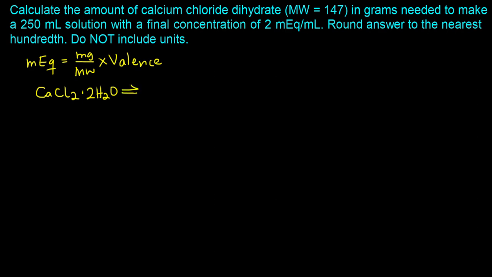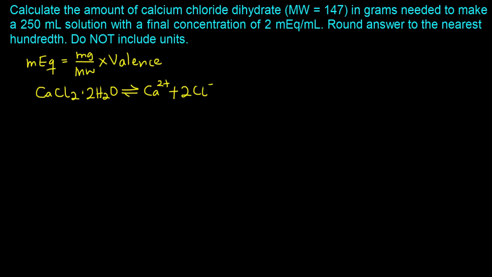When you put this in an aqueous environment, it's going to break down to a calcium cation and 2 chloride anions. So the 2 molecules of water attached to the calcium chloride go into the water, and so they don't really contribute to the ions that are present when the calcium chloride dihydrate is dissolved in an aqueous environment.